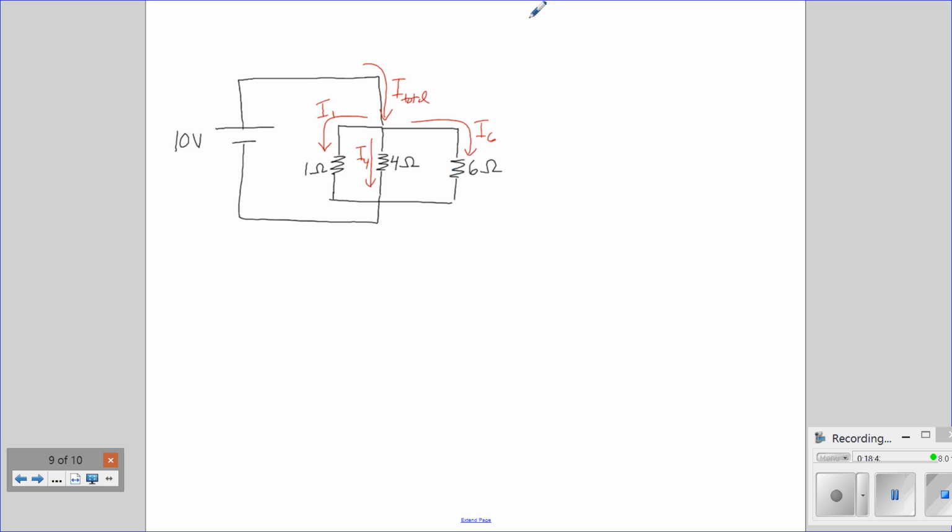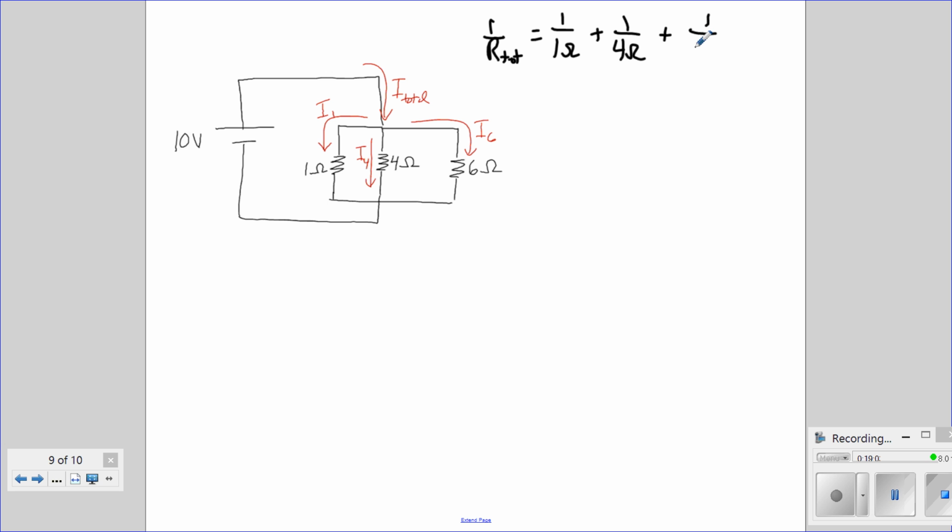So first, we can find the total resistance. That'll be 1 over resistance 1, which is 1 ohm, plus 1 over resistance 2, which is 4 ohms, plus 1 over resistance 3, which is 6 ohms. And so you get a common denominator. The common denominator here would be 12.